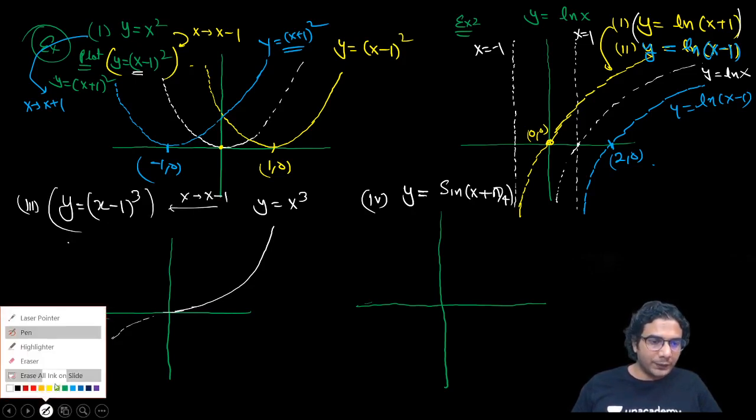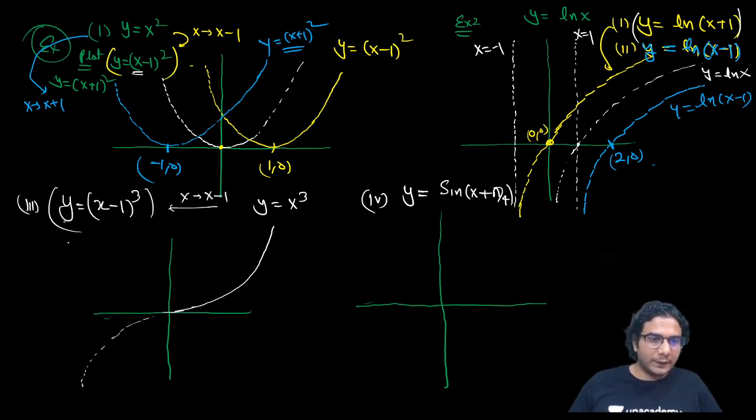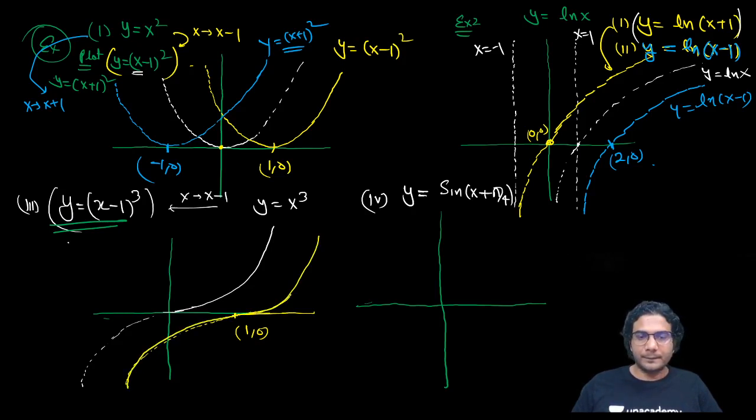So this new graph, which I'm going to plot with yellow color, will shift towards right by 1 unit. This point is 1 comma 0. This graph will come like this. So this is y is equal to x minus 1 the whole cube.